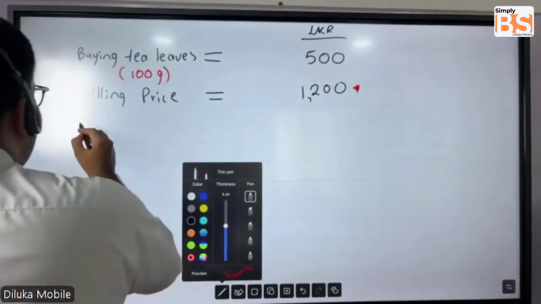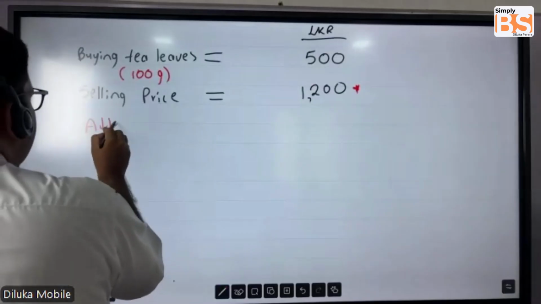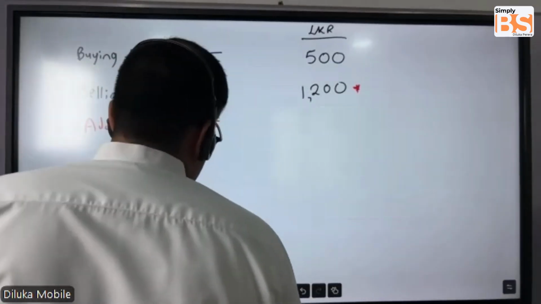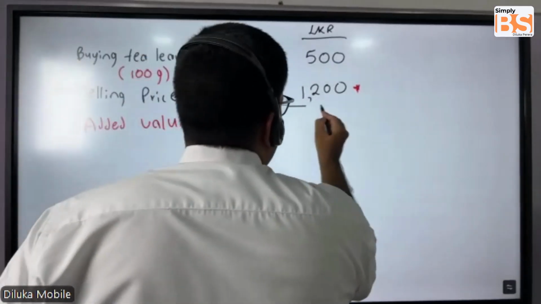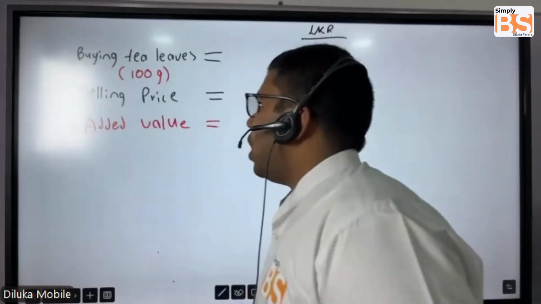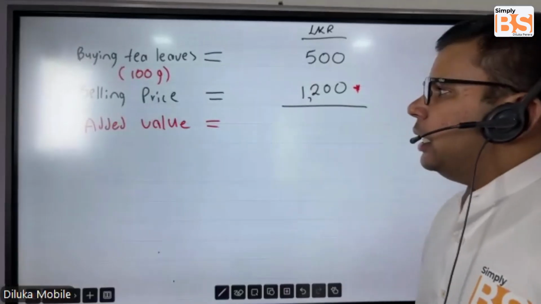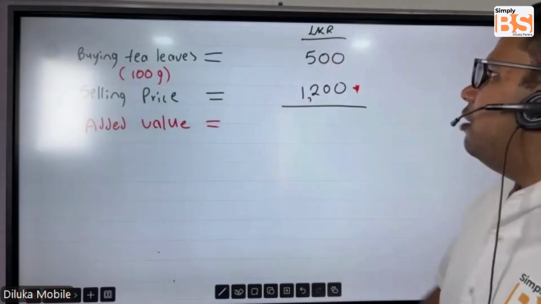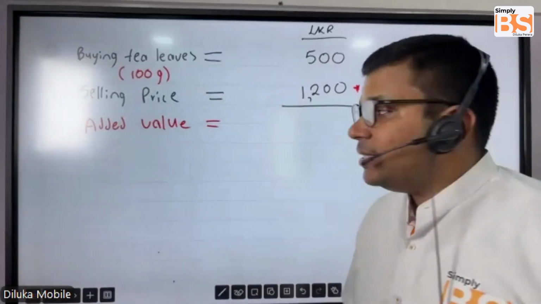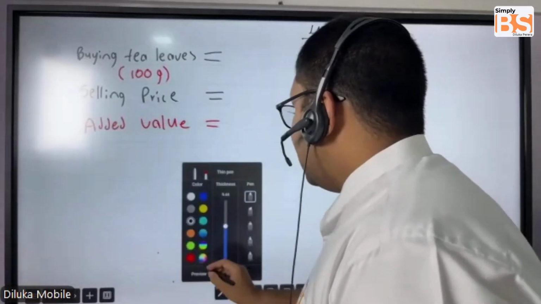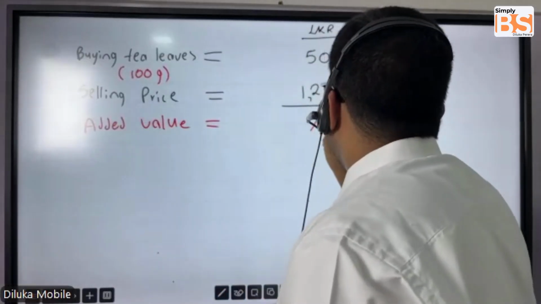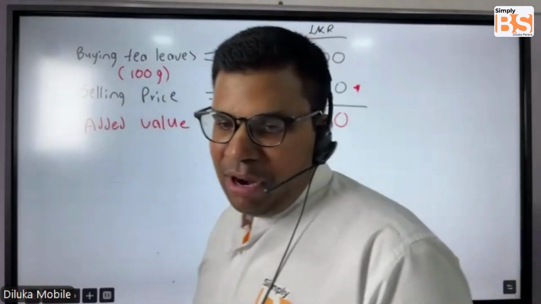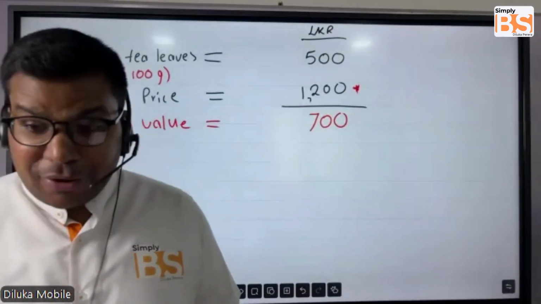From 1,200 you deduct the production cost of the inputs, which is 500 rupees, and what's the answer? You have 700 rupees as your added value.